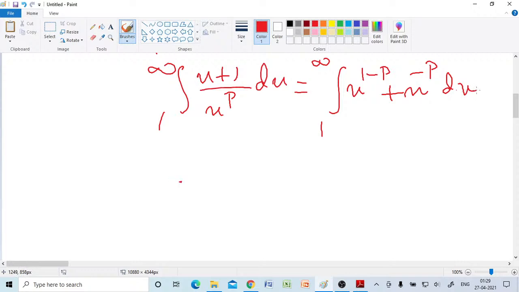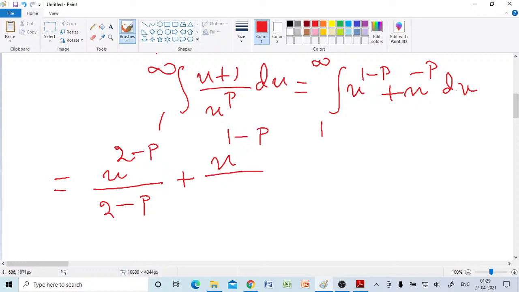So this is x to the power of 2 minus p divided by 2 minus p plus x to the power of 1 minus p over 1 minus p.